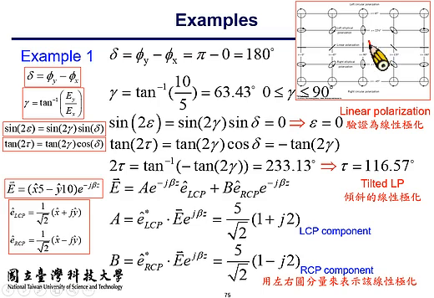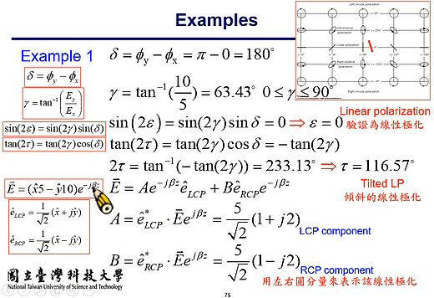So it's drawn here. It's a tilted linear polarization. This is 90 degrees, this is 180 degrees, this is 135 degrees. So 116 degrees is here.